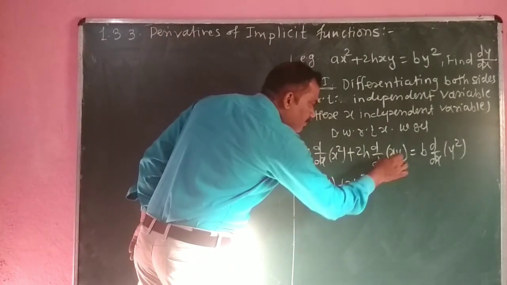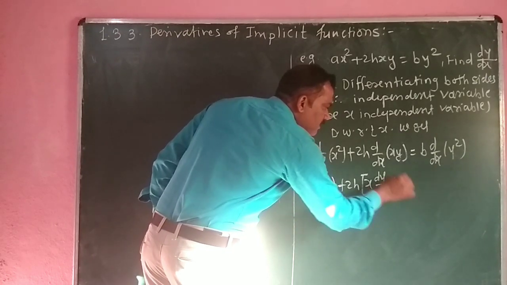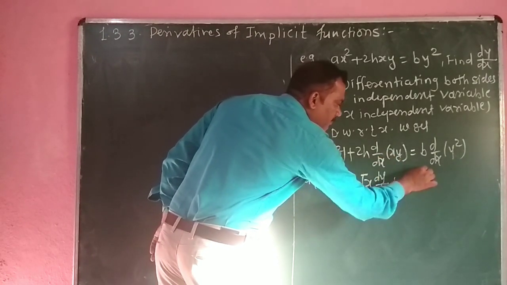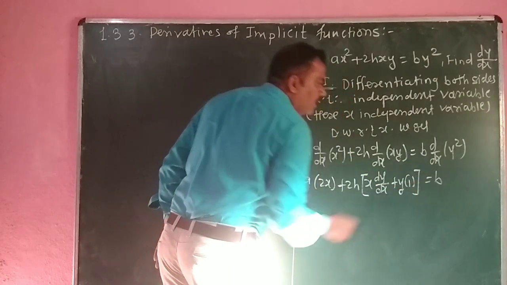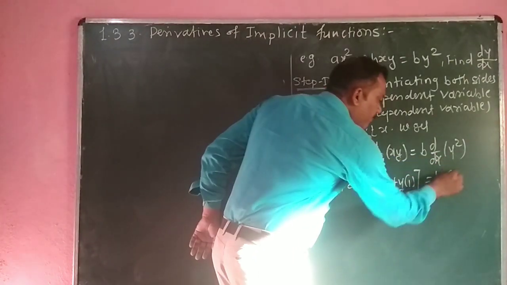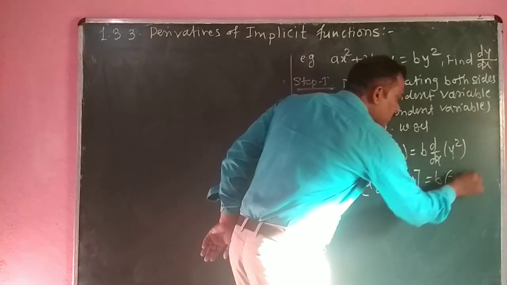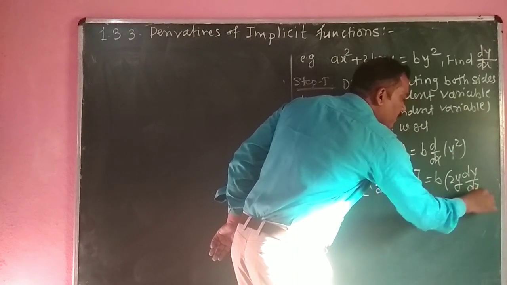First function as it is, differentiation of y with respect to x is dy by dx; y as it is, differentiation of x is 1; is equal to b into the differentiation of y square, by the power rule we get 2y. Now the differentiation of this y with respect to x is nothing but dy by dx.